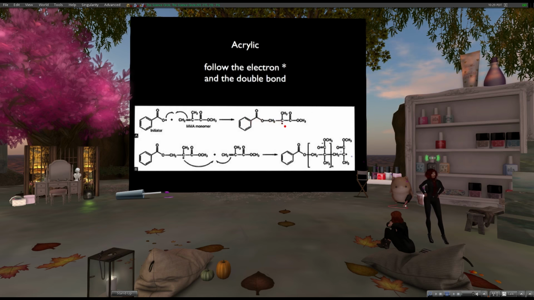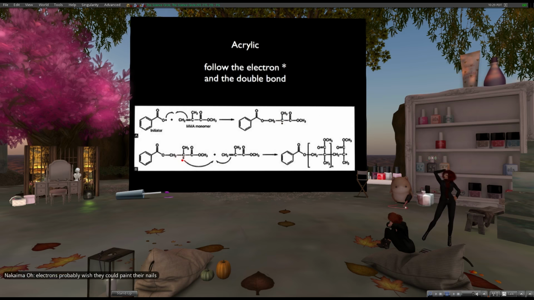It's a single bond with a free electron right here underneath. That now photoinitiator-monomer hits another monomer, and with that free electron it breaks the double bond and stacks 2 of them together with a free electron. And this goes on and on until you run out of monomers.